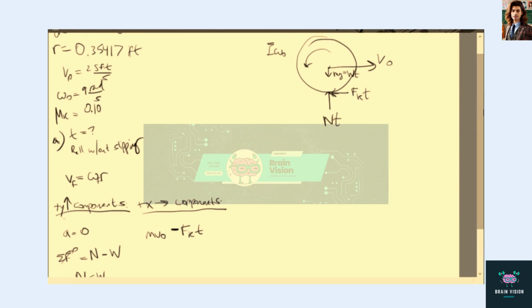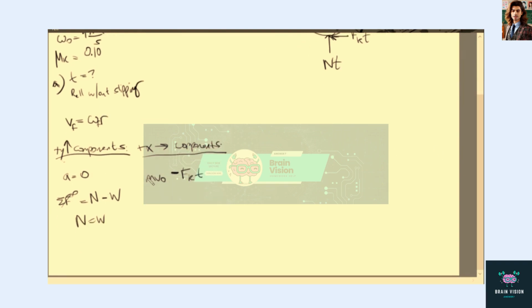This Fkt is the impulse acting against the initial linear momentum, and this will result in mvf. So we can solve this equation for Fkt: mv naught minus mvf is equal to Fkt.